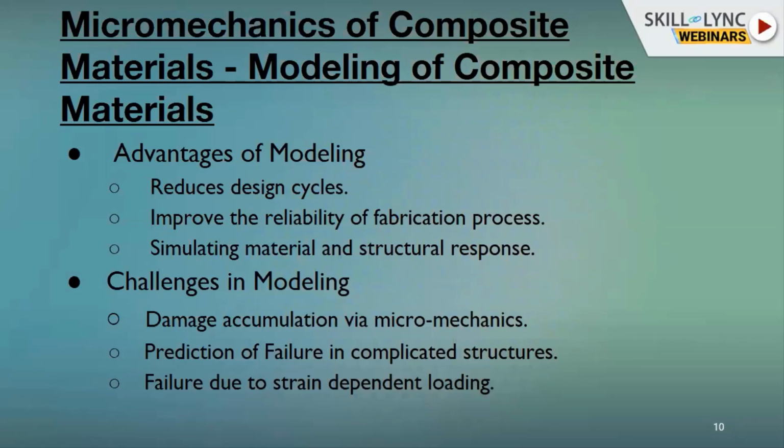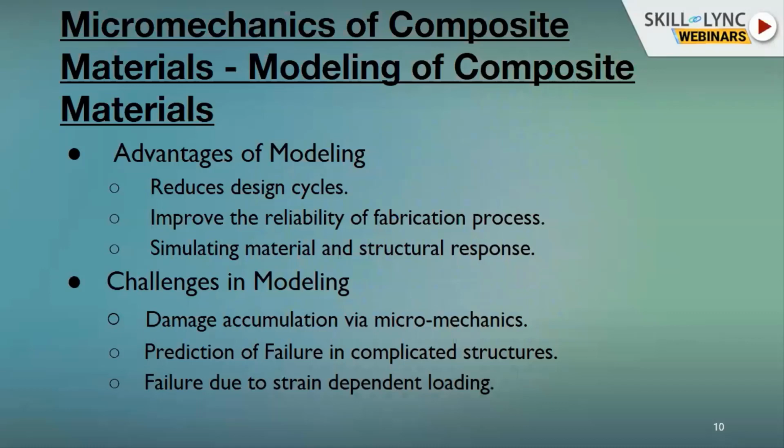Further, the damage accumulation will lead to failure. So prediction of failure at a complicated structural level is again a challenging task. This requires a fundamental understanding of the micromechanics involved in damage accumulation, as well as the strength and stiffness predictions used in analyzing the composites.